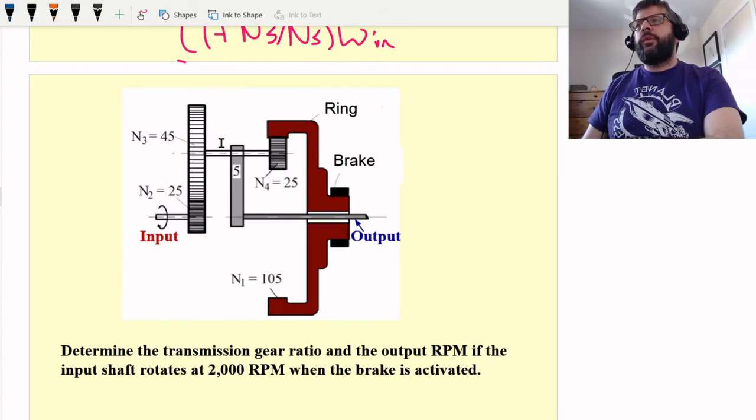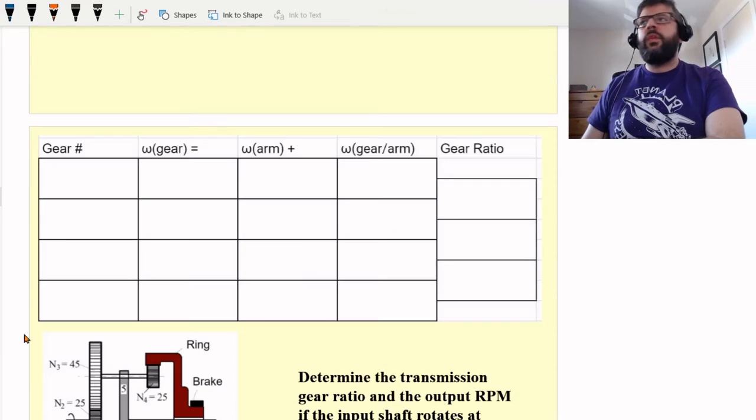It's on a separate shaft that rotates at the same speed as the planet, but it's got a different number of gear teeth. So basically, it's a compound version of a planetary gear. I can't just plug that into the calculator because the calculator is not that bright. So we can still use the tabular method to determine what's going on here.